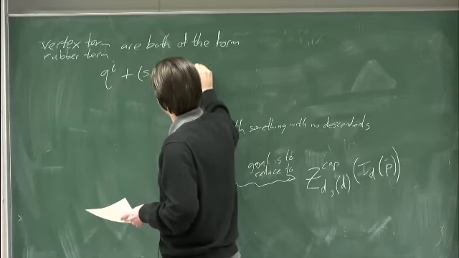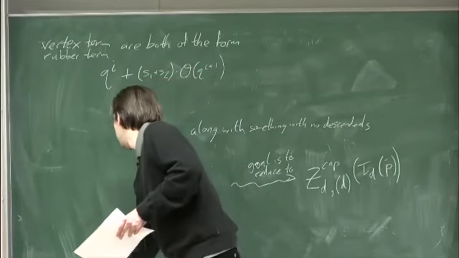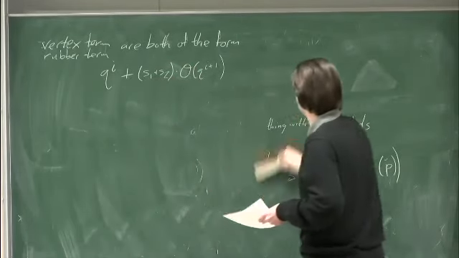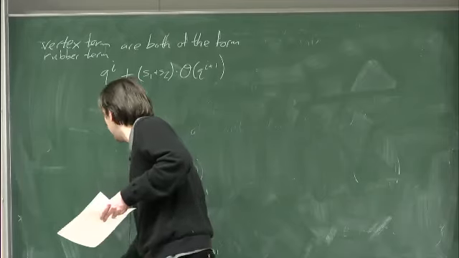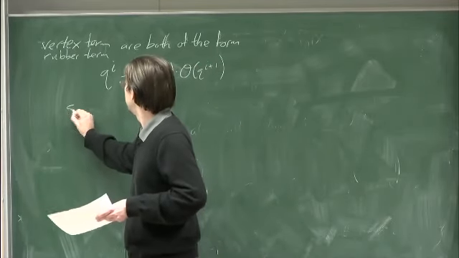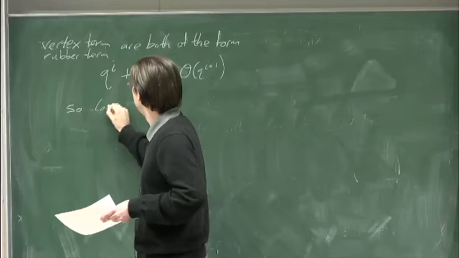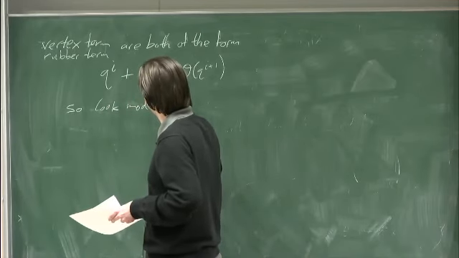I'm just going to write that as times O of q to the i plus 1. So look modulo S1 plus S2 squared.